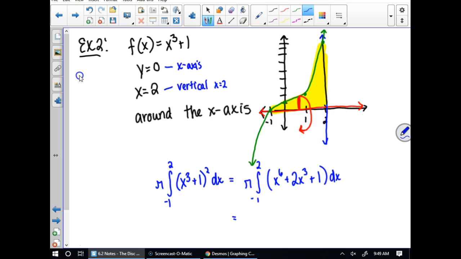And then we would integrate. I don't need that integral symbol anymore because I'm integrating. So I would have 1/7 x to the 7th plus 1/2 x to the 4th plus x, and that has to be evaluated from -1 to 2.